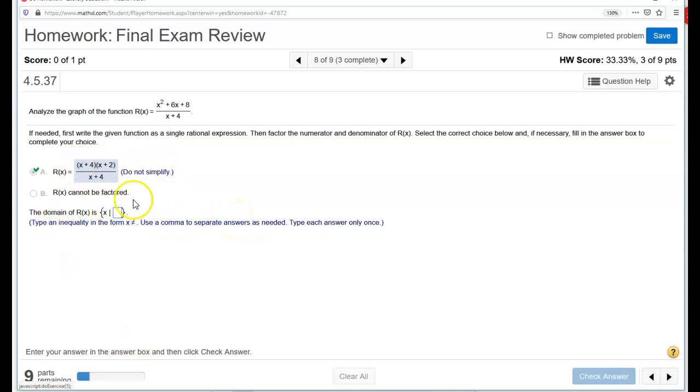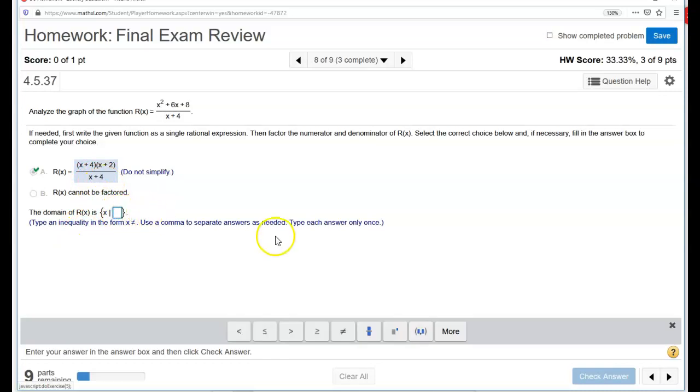So it's every x value except for -4. Because if you put a -4 in there, -4 plus 4 is 0, and then we're dividing by 0, and that's no good in the math world. So x is not equal to -4.